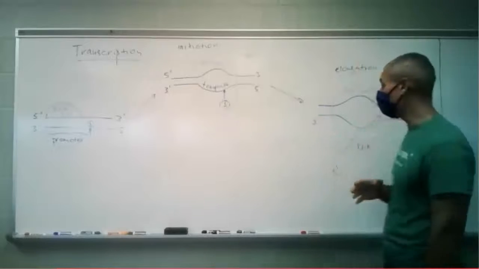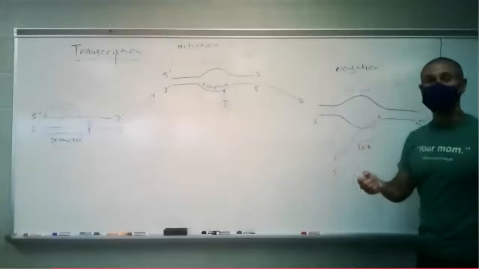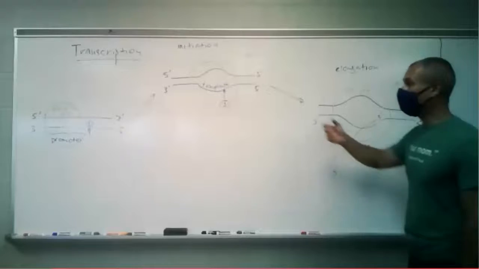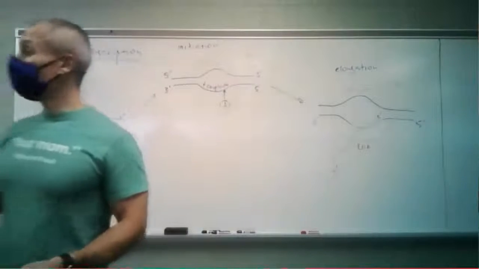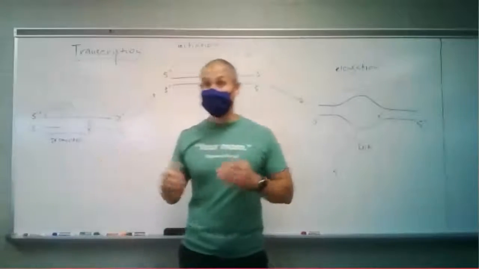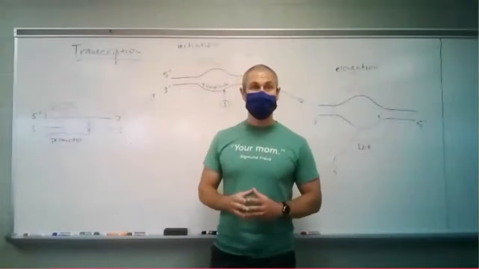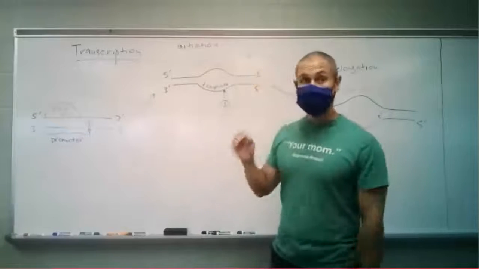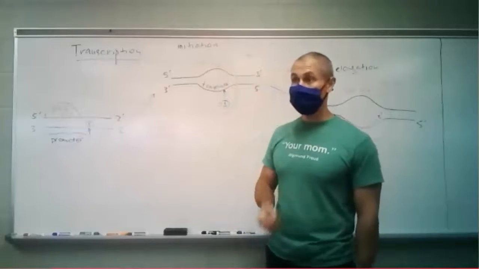Now, you may think, okay, if we need only the template strand, why don't we just get rid of the second strand altogether, right? Turns out, and still it's not clear why, but it's a fundamental law of nature: single-stranded DNA in nature is not transcribed.